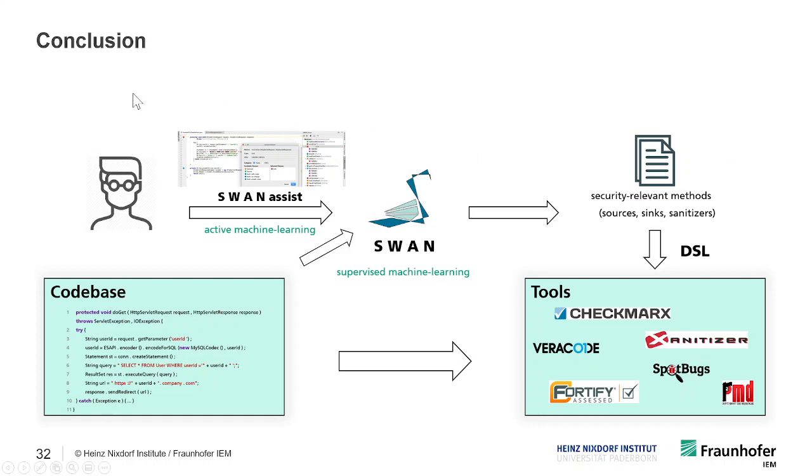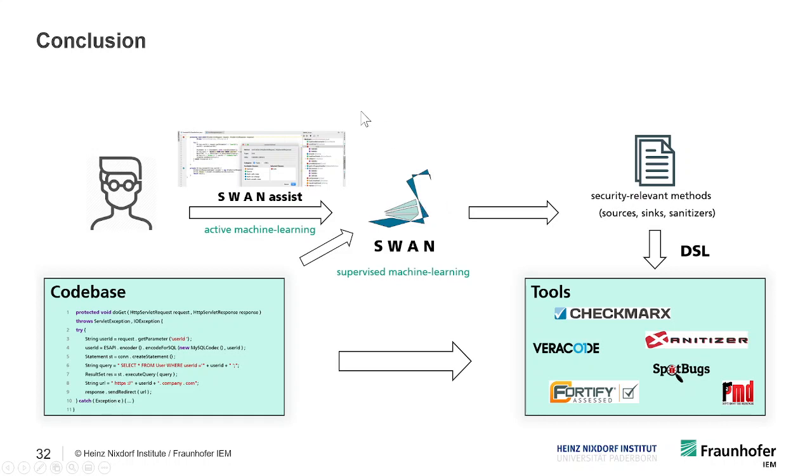Additionally, we also saw how the precision of this classification can be improved by introducing a semi-automatic approach, Swan Assist, where users can manually label methods from their code base and add them to the training data.